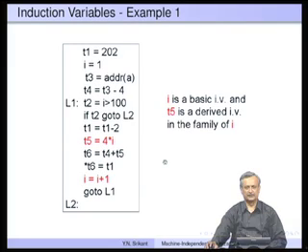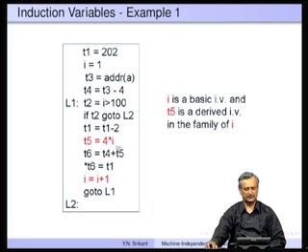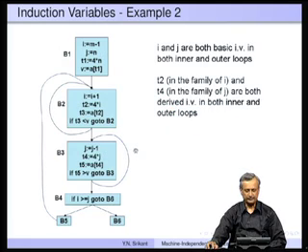So, here is the example from last lecture. I is an induction variable which is being incremented by 1 in the loop. T5 is a derived induction variable in the family of I, which is defined as 4 * I. Here is another example.